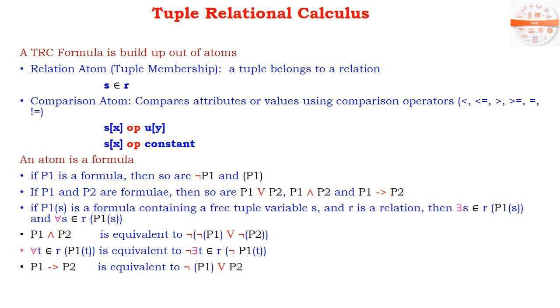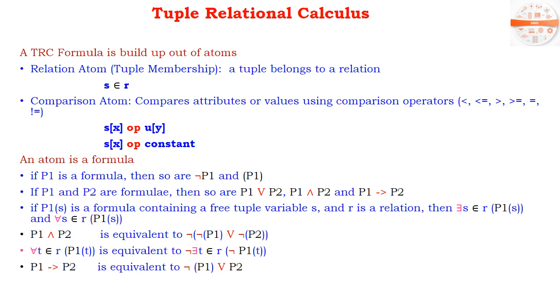If P1 and P2 are formulae, then so are P1 or P2, P1 and P2, and P1 implies P2. If P1(S) is a formula containing the free tuple variable S and R is a relation, then there exists S belonging to relation R with P1(S).